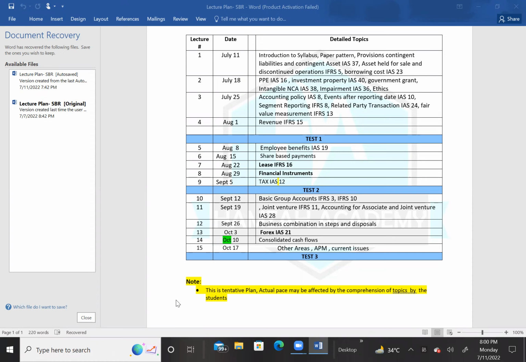These topics, have you studied? Okay, but all these topics which I'm naming here, you came across those topics in your study.